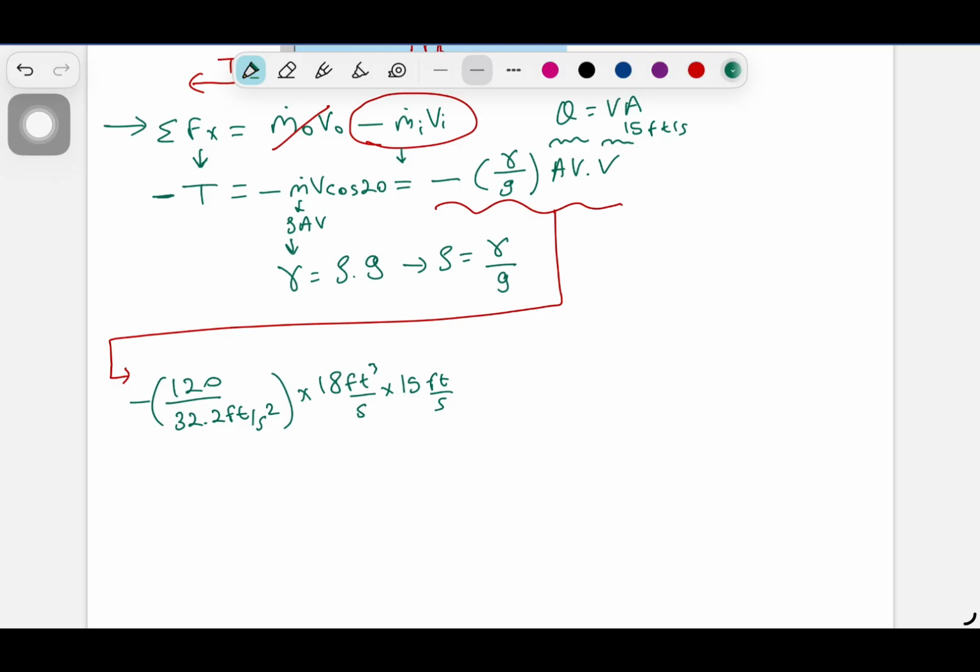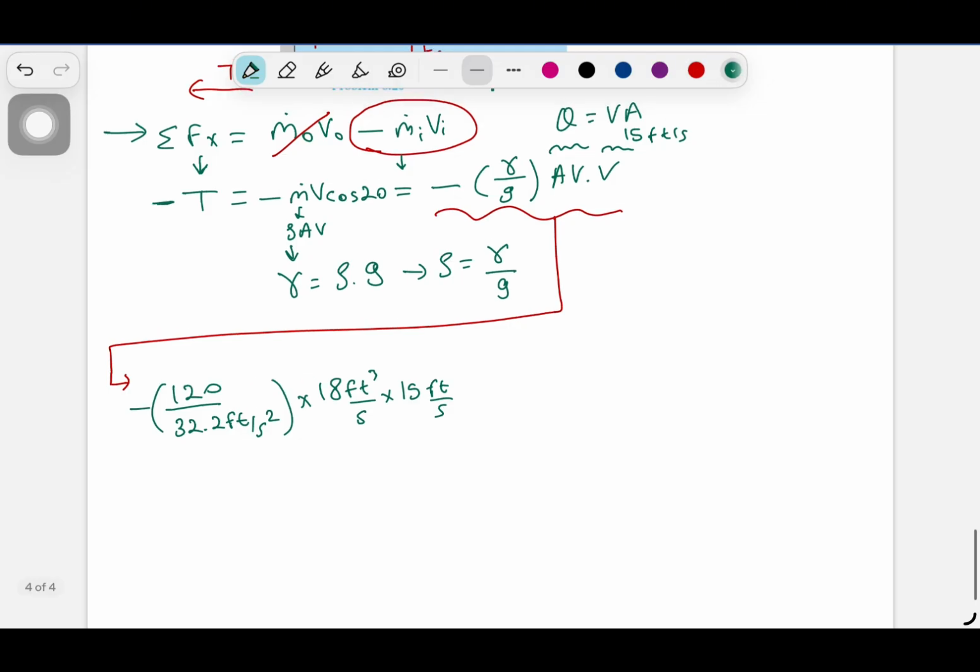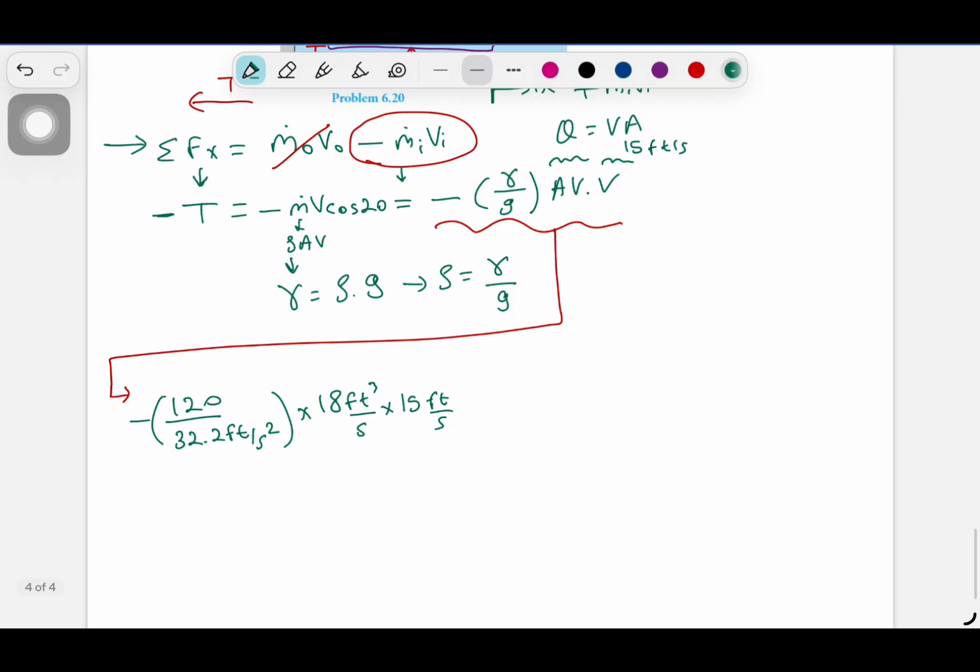And since this second velocity term has cosine 20, it will be cosine 20, then this is going to give 445.8 pound force.